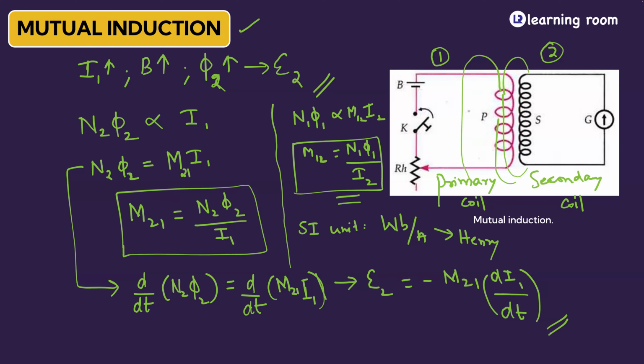Is that clear? So this is what is called mutual induction, and this M21 is what is called mutual inductance.